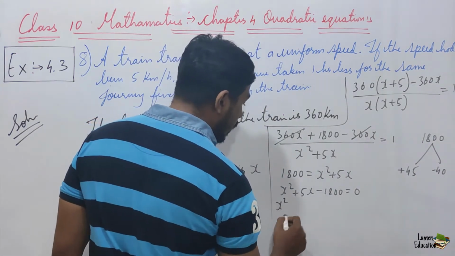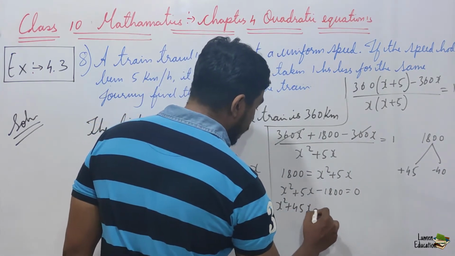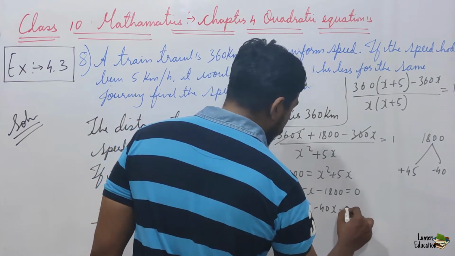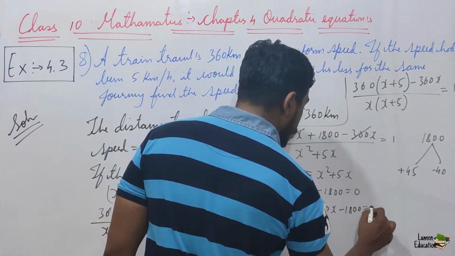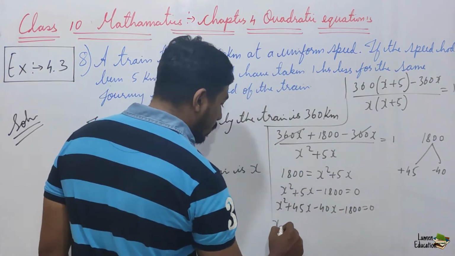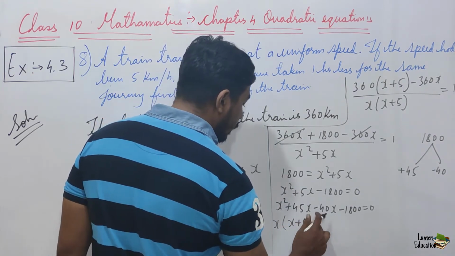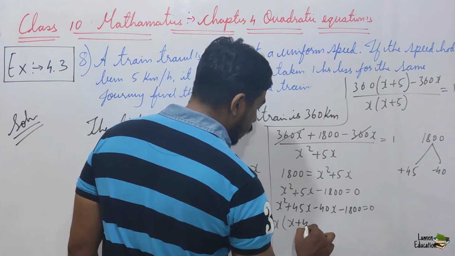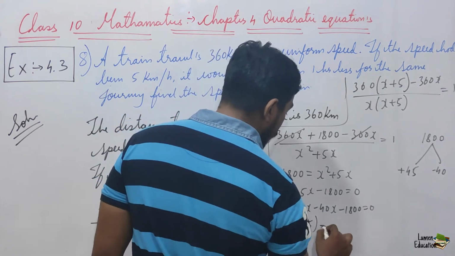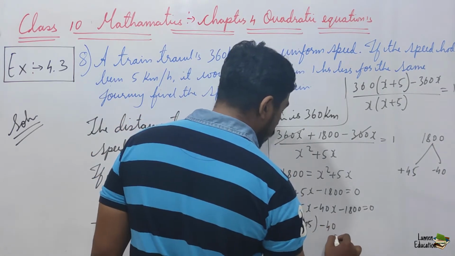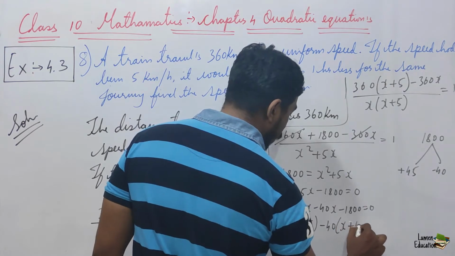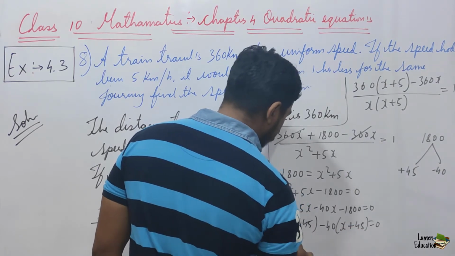Therefore x square plus 45x minus 40x minus 1800 is equals to 0. Here take x common. If you take x common, x will be remaining x plus 45, and next minus 40, if you take common, x plus 45 is equals to 0.